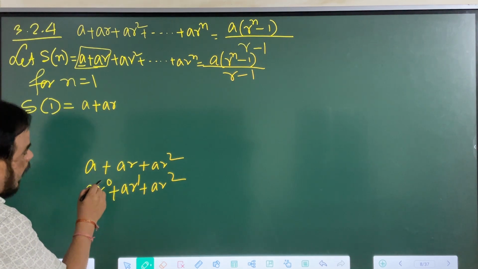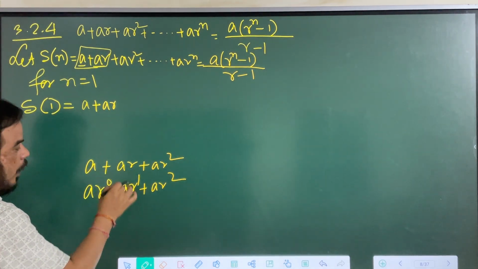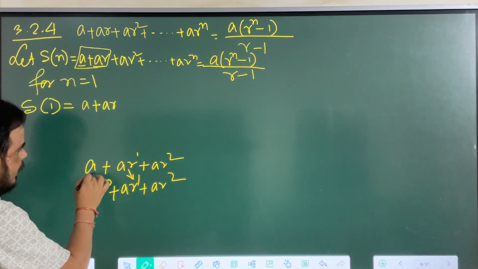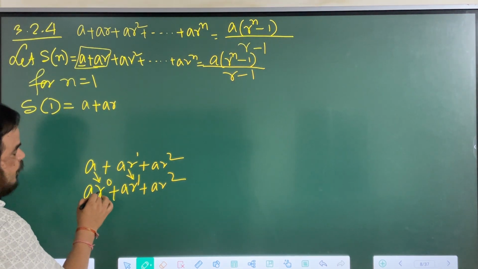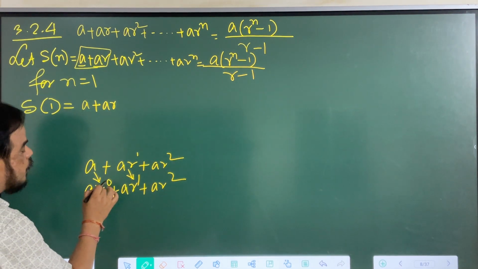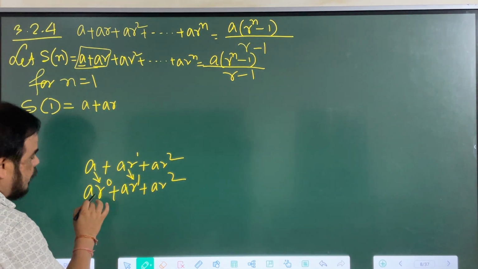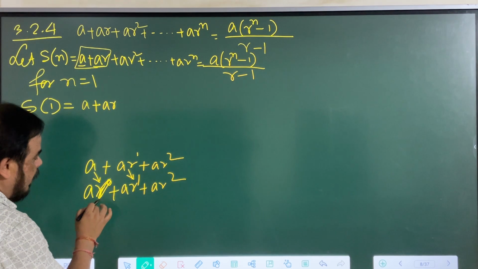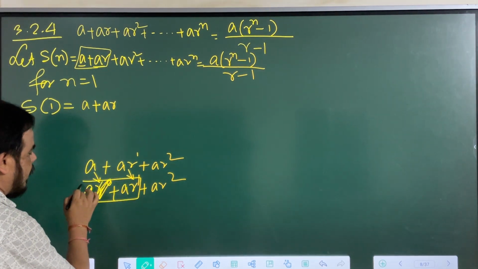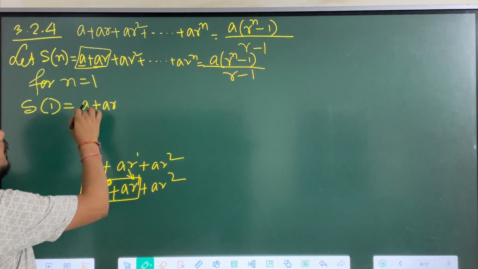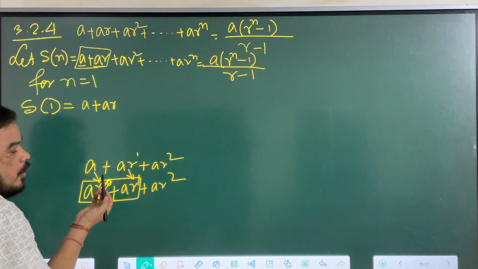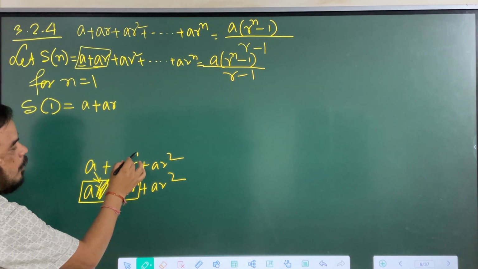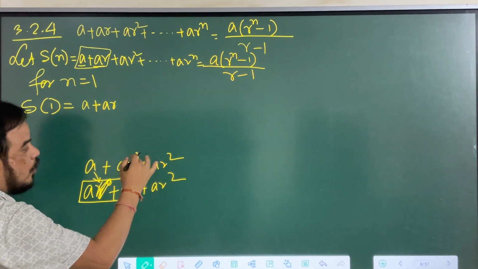So here AR to the power 0, AR to the power 1. This one here, this one here. So this one we cannot take as the first term because the power is 0, and 0 is not a natural number. So as a whole, this one is taken as the first term. A plus AR is written because of this 0. Because R is not there here, you will have to start from R, no? R1, R2. Continuity is there.